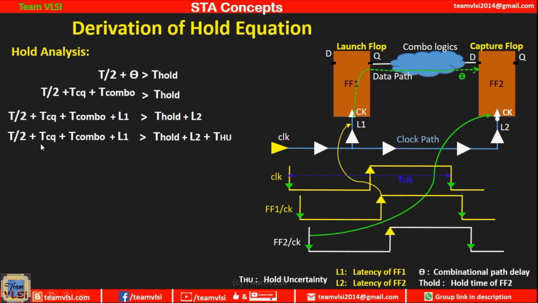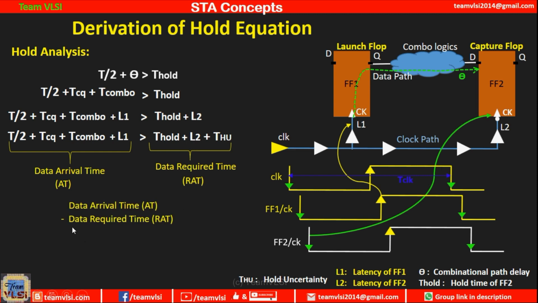Now the left hand part is the time taken to reach the data to this point, so it is called data arrival time, and the right part is the required time to reach the data, so we generally call it data required time. And in hold analysis, opposite to the setup analysis, our data arrival time should be greater than the data required time. So data arrival time minus data required time is called slack here, opposite to the setup.